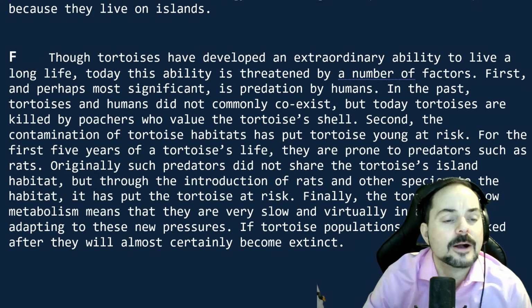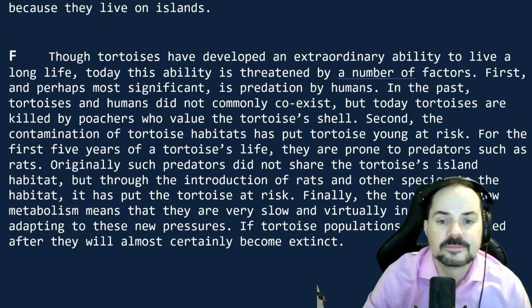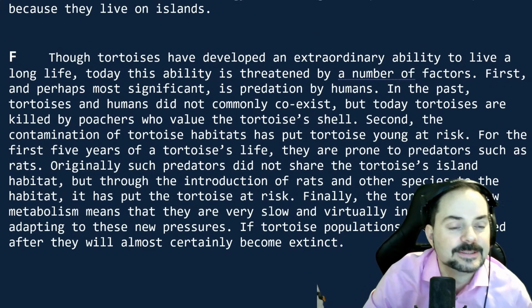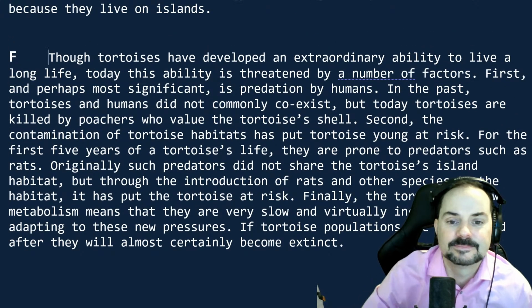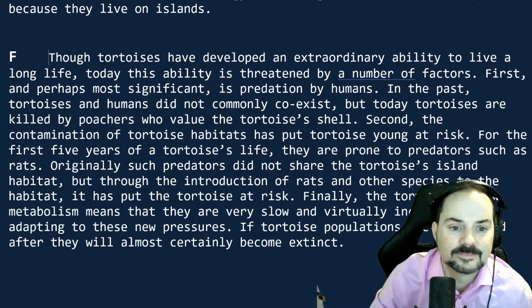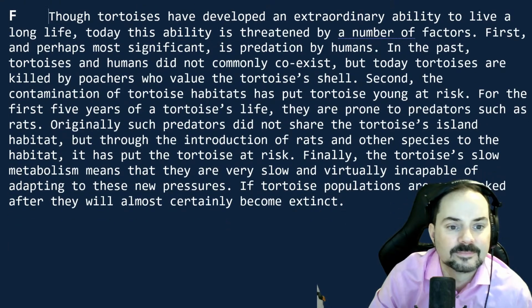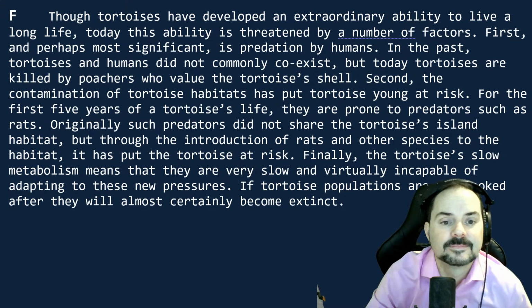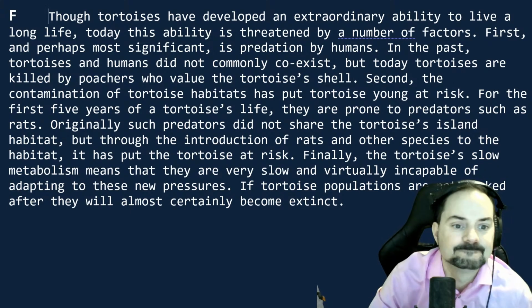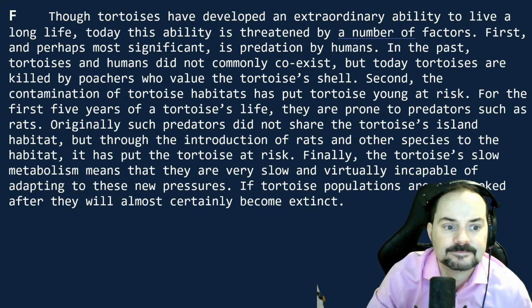All right, John. Whenever you're ready, read paragraph F for me, please. Okay. Though tortoises have developed an extraordinary ability to live a long life, today this ability is threatened by a number of factors. First and perhaps most significant is predation by humans. In the past, tortoises and humans did not commonly coexist, but today tortoises are killed by poachers who value the tortoise's shell. Second, the contamination of tortoise habitats has put tortoise young at risk.